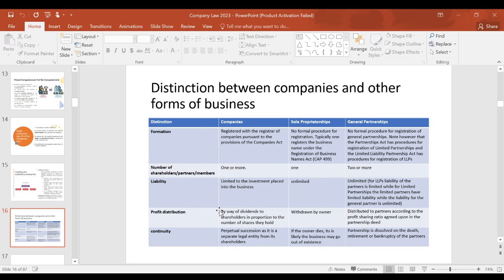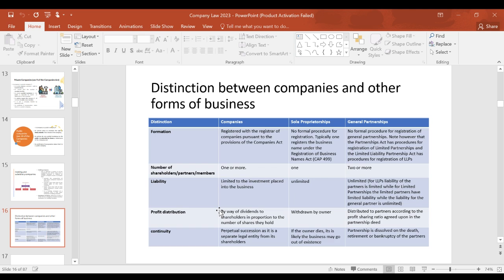We look at this when we're looking at the types of shares. For sole proprietors, of course the money goes directly to them, no division of the profits that come from their business. But with regards to the general partnership, mostly they share profits on a specific ratio as agreed before the formation of a partnership in a document which we call the partnership deed.